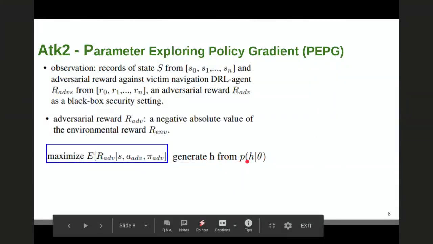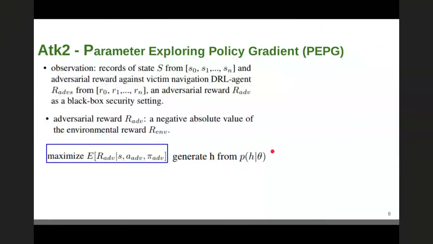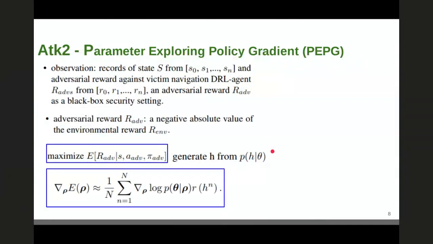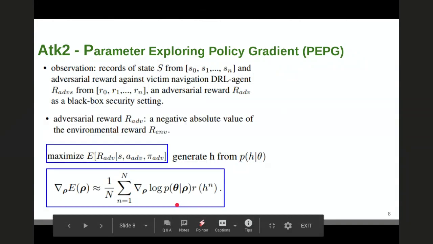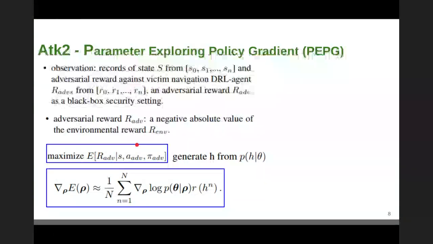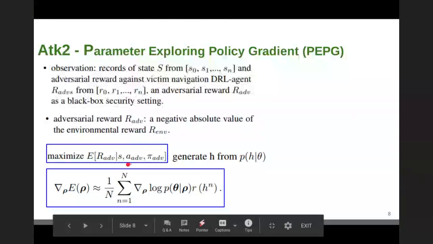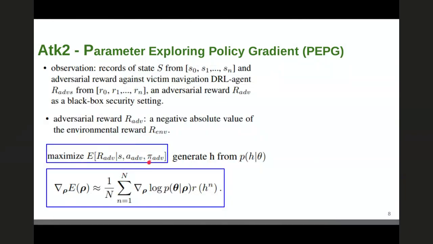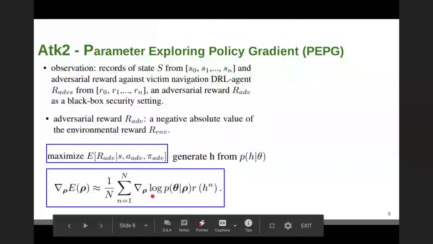And then we generate this h from the policy gradient. So the adversary is trying to maximize this expectation, which is equal to minimizing the original reward and original expectation of the agent. In this sense, you don't have to access the parameters. You only pick out the observation here. And then you can pick out the gradient and do the policy gradient.